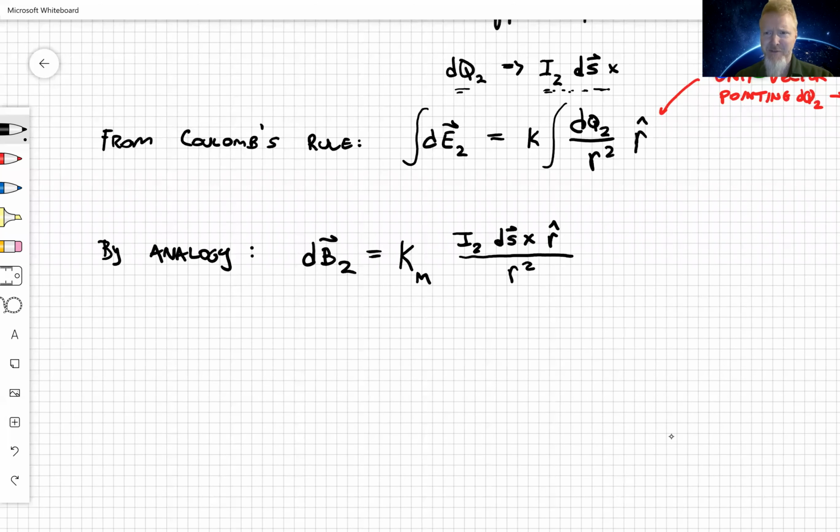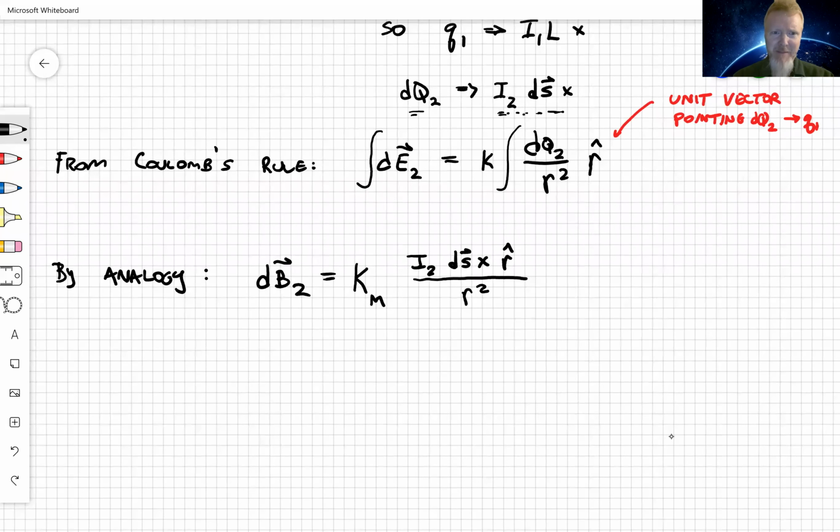It has all sorts of gross looking mathematical operations in it, all at the same time, which is nobody's friend. We're going to integrate this over ds, the second current. I2 ds, that's what we're integrating on. And all that weirdo directionality stuff with the magnetic field is wrapped up in the cross product.